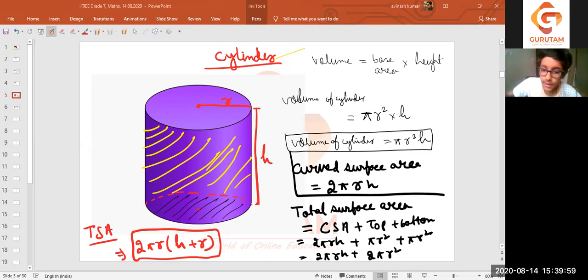Then TSA is equal to CSA plus top plus bottom, then 2 pi r h plus pi r square plus pi r square is equal to 2 pi r h plus 2 pi r square, which is 2 pi r times h plus r. Finished.